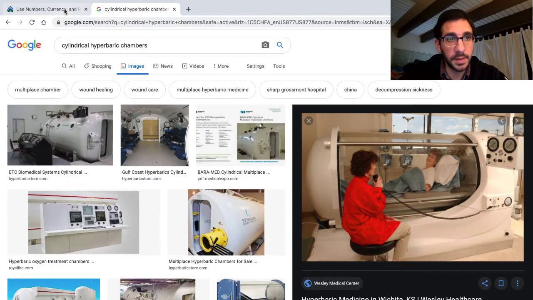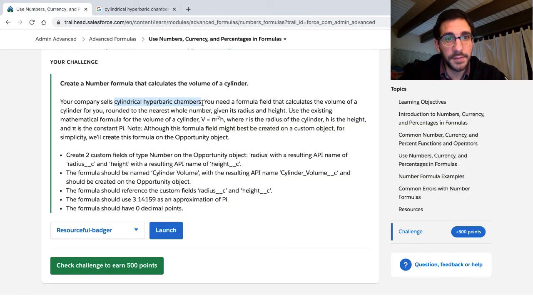Maybe used for transport. You need a formula that calculates the volume of a cylinder for you, rounded to the nearest whole number, given its radius and height.